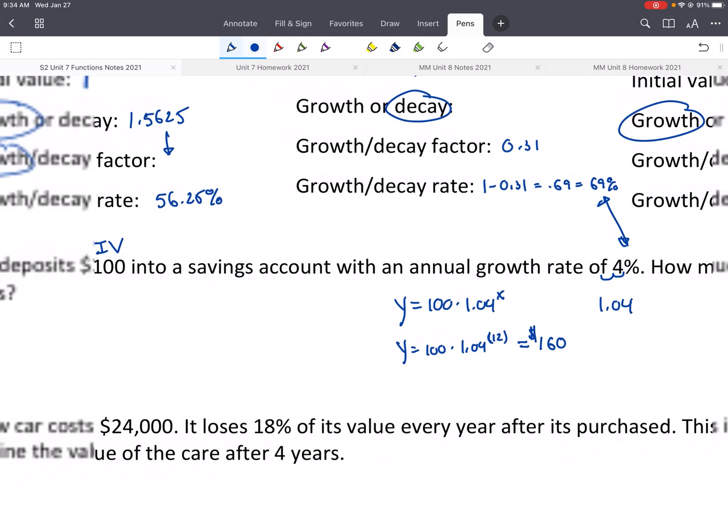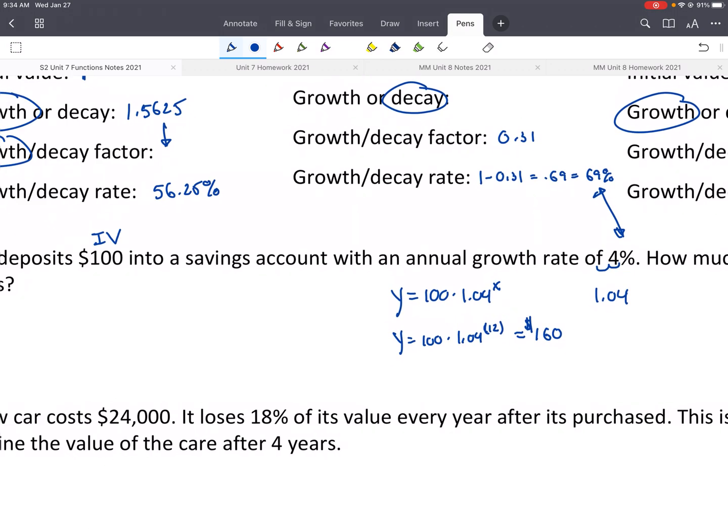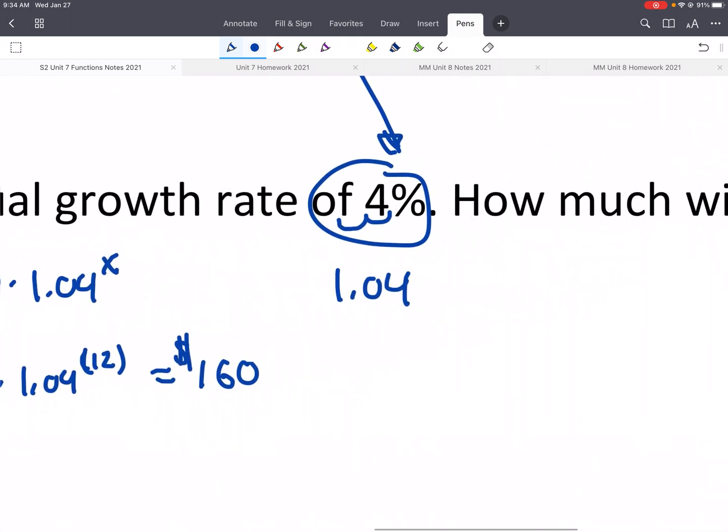Okay. All right, so that is kind of tricky, coming up with your factor from a rate. So again, let's just talk about that really quick. Our rate here was 4%. If we want to write it not as a percentage but as a decimal, we do the opposite. We take that decimal and move it to the left twice.